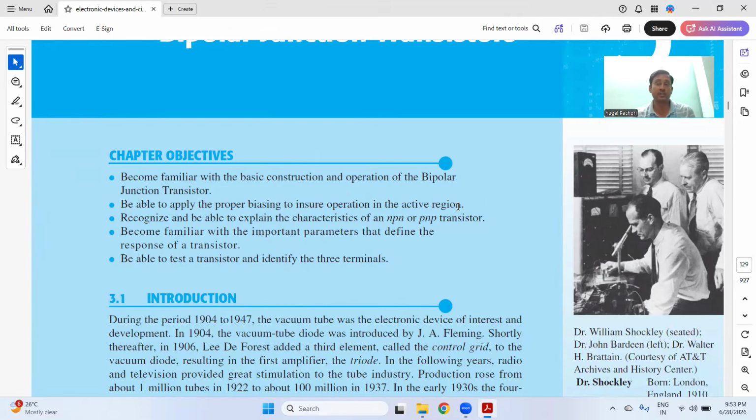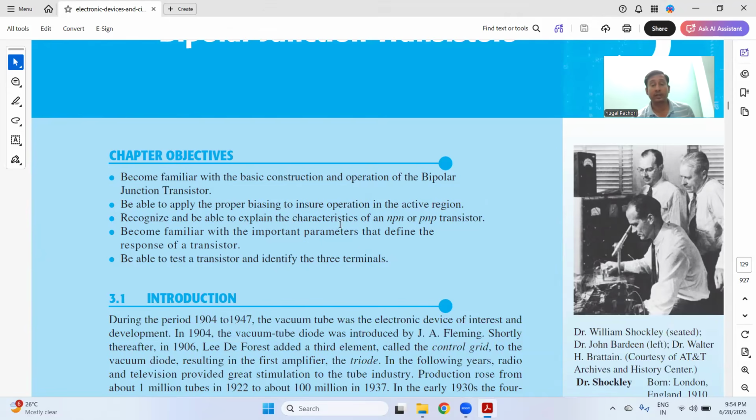So there are four modes of operation, but the BJT acts as an amplifier in the active region. So if we want to work with the BJT as an amplifier, then we have to make it work in the active region.